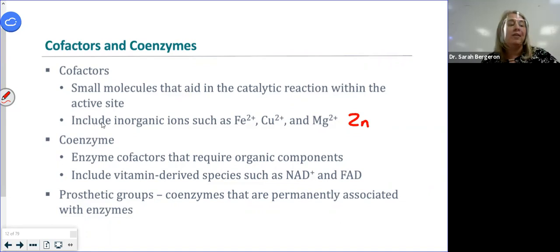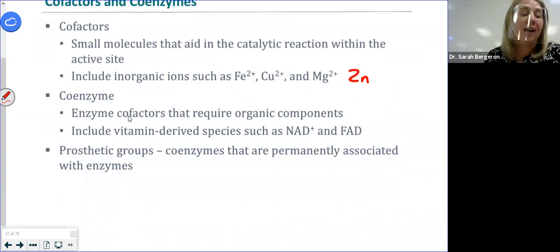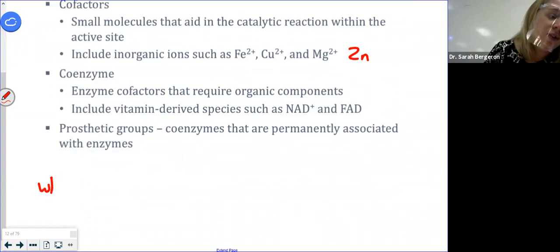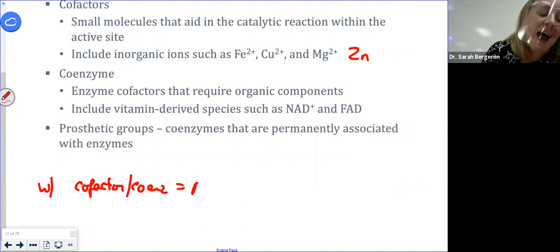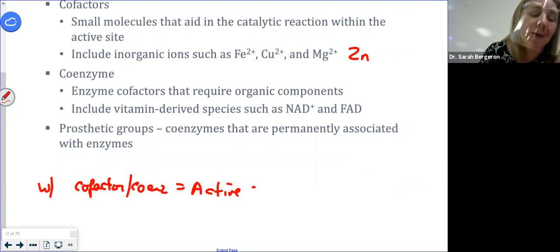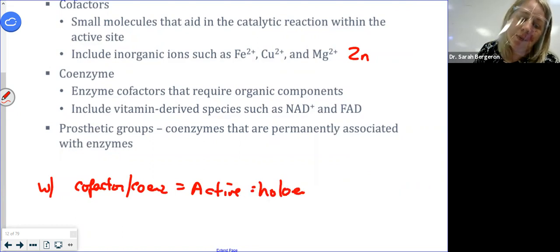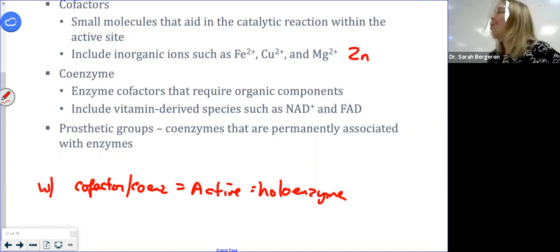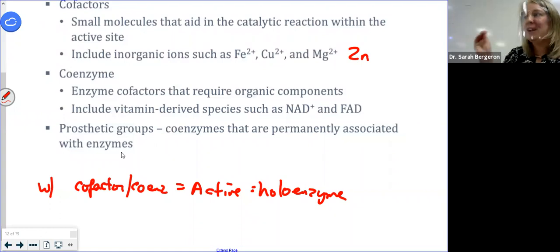So whether you have a cofactor or a coenzyme, whatever it is, if it has everything it needs, it's active, and we call this active enzyme the holoenzyme. Sounds like whole enzyme, but it's actually holoenzyme. But that's how you remember. In order for it to run, it needs everything.